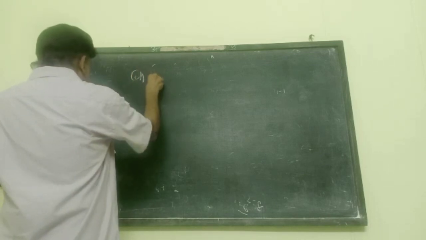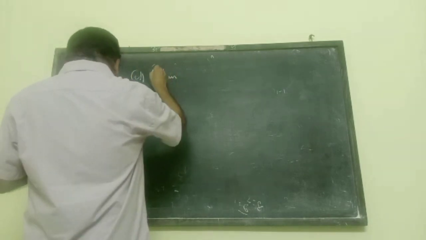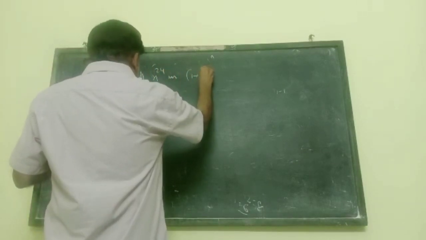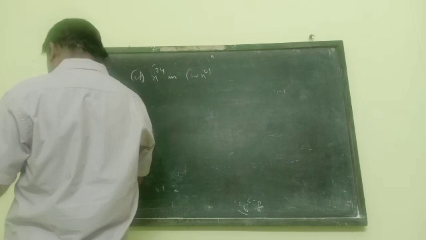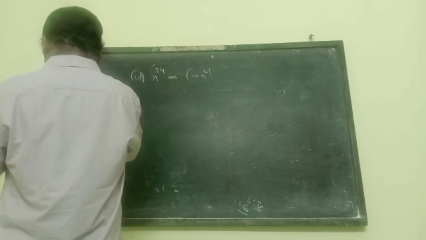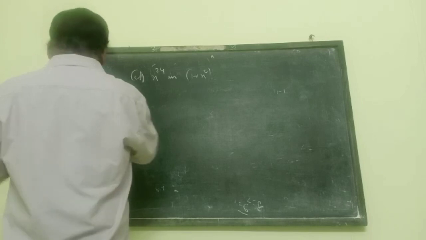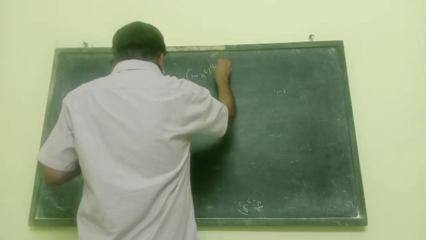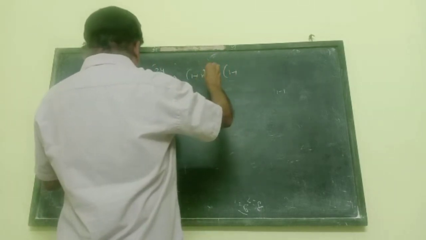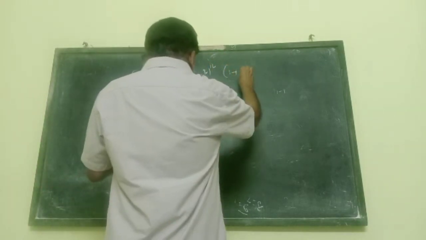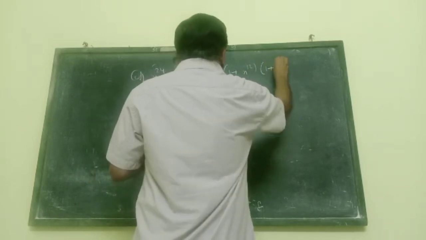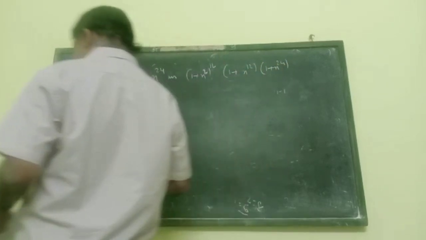Coefficient of x power 24 in 1 plus x square whole power 12 into 1 plus x power 12 into 1 plus x power 24.